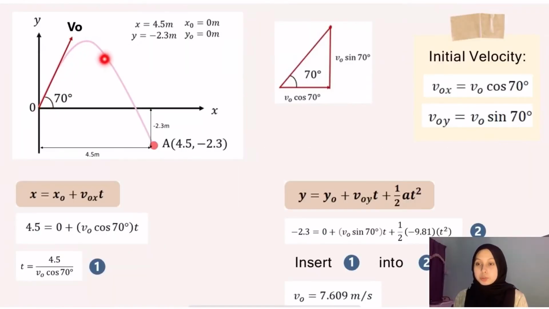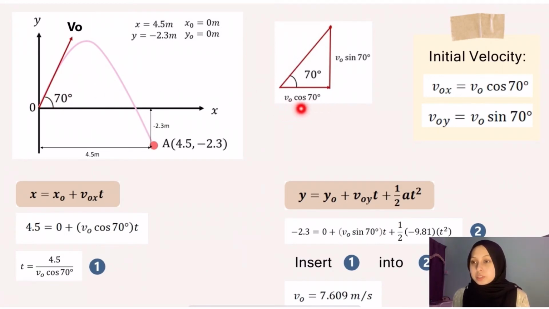After the girl threw the object into the dustbin, we know that the initial displacement for both the x and y axes is equal to 0. A refers to the position of the object, where x-axis is 4.5 meter and y-axis is negative 2.3 meter. The initial velocity v0 has two components, x and y, along the horizontal and vertical.